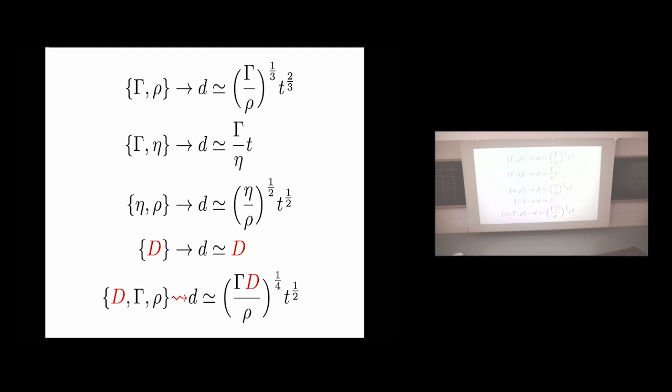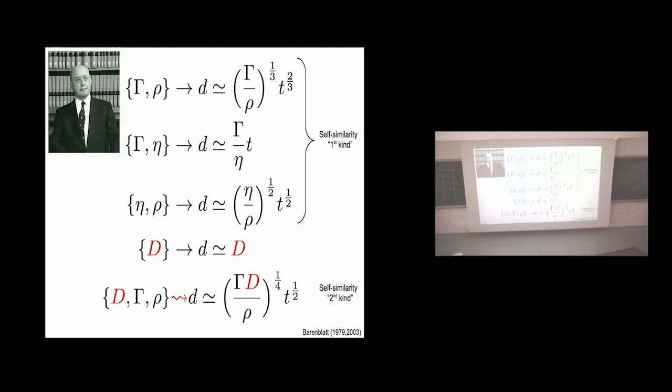In technical terms, the first three equations are called self-similarity solutions of the first kind. They were called that by Barenblatt, who worked on this, and that's the term he used. What he meant is that you can get to the solution just by using dimensional analysis.